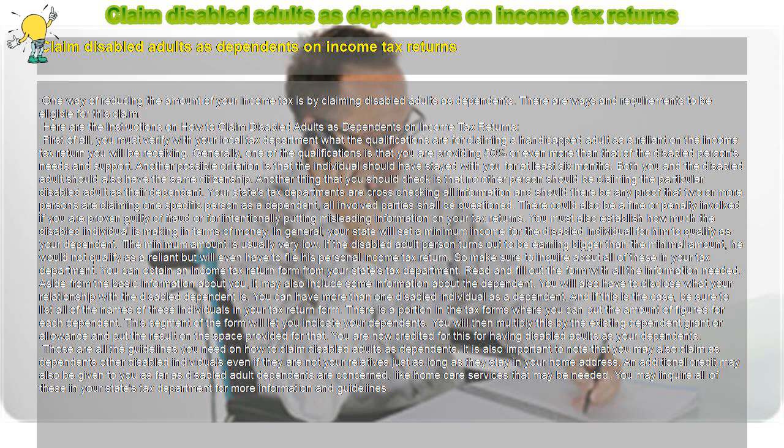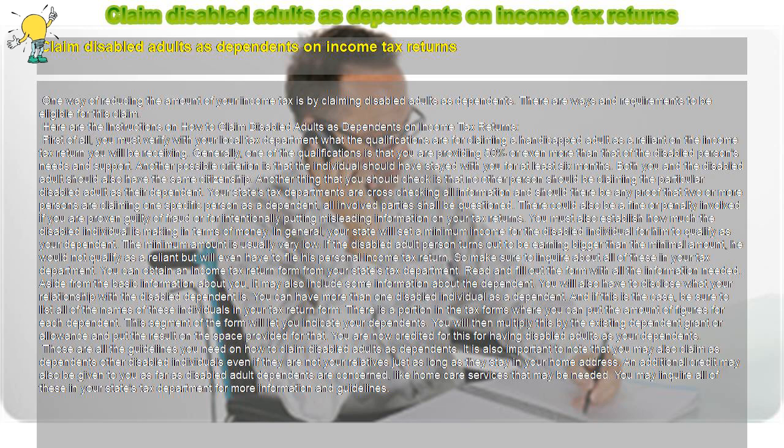You will also have to disclose what your relationship with the disabled dependent is. You can have more than one disabled individual as a dependent.